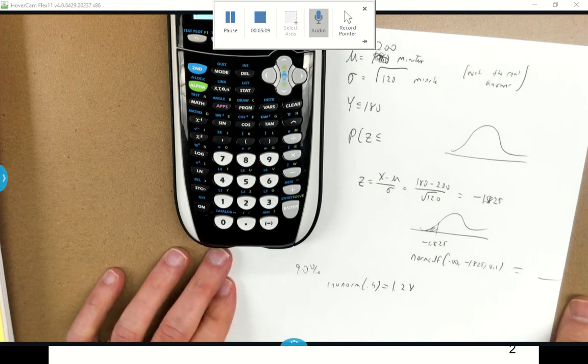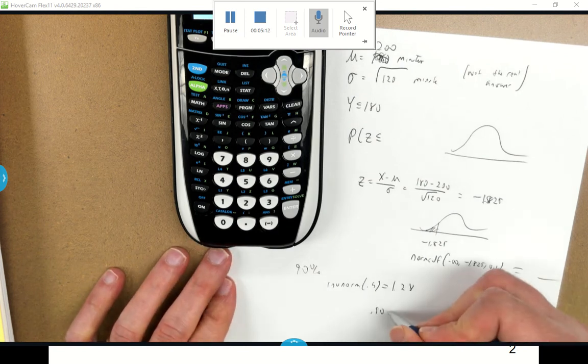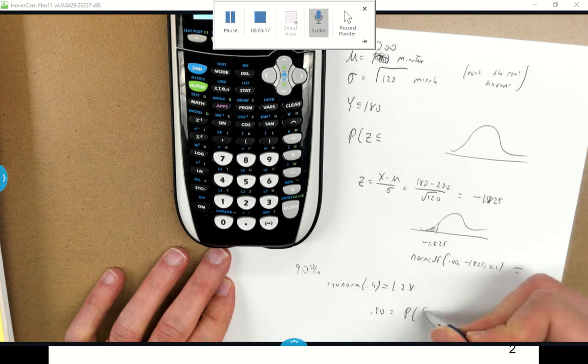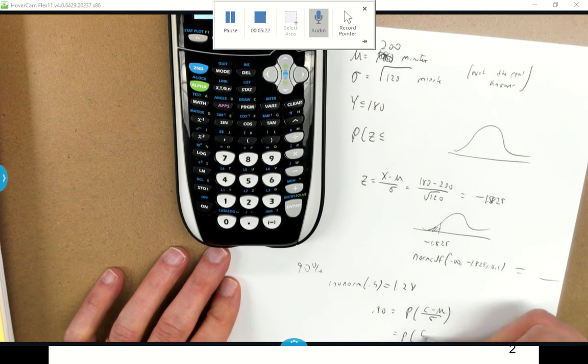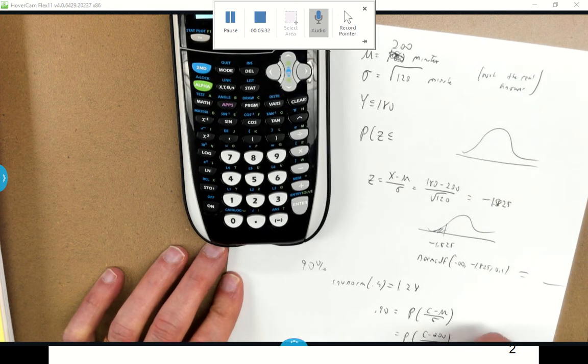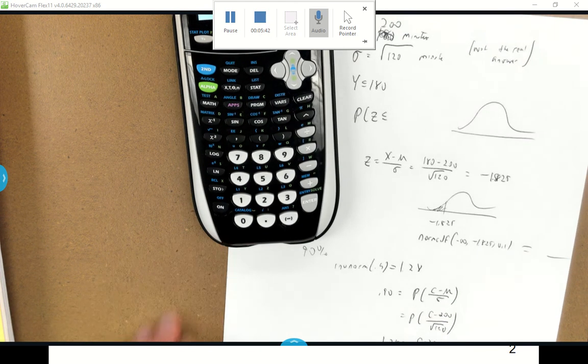So if you have 0.90 equal to the probability of (C minus mu) over sigma, for our fake example, (C minus 200) over the square root of 120, you would set 1.28 equal to (C minus 200) over the square root of 120, then solve for C, and then convert it into time. I think that's a pretty good hint.